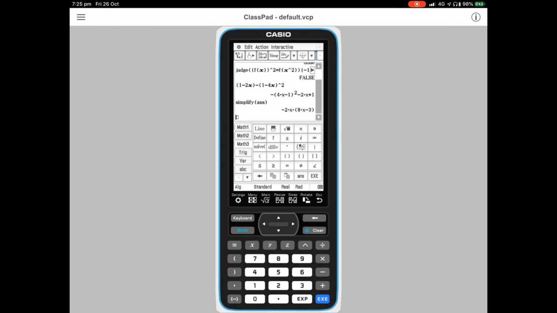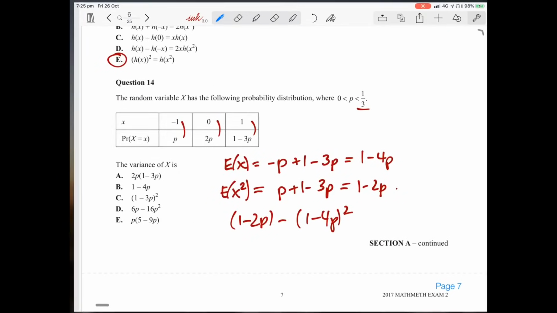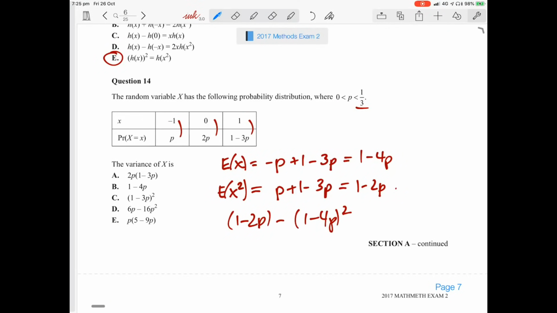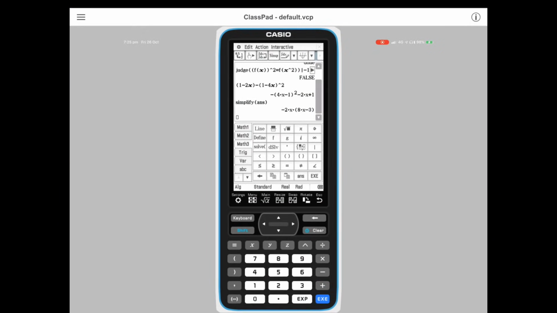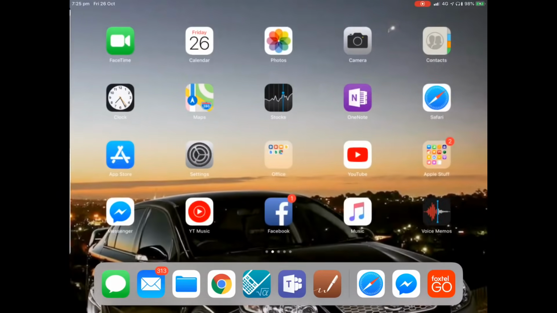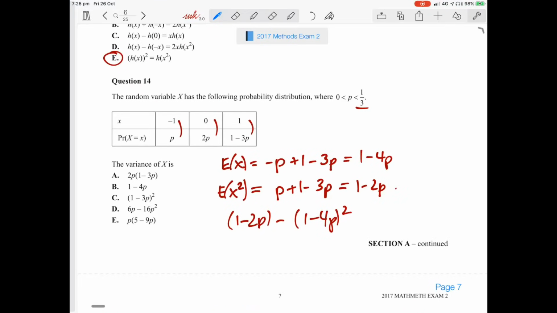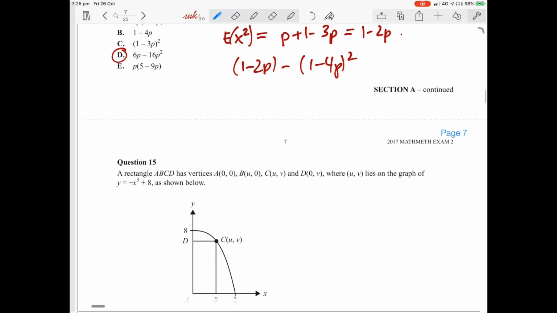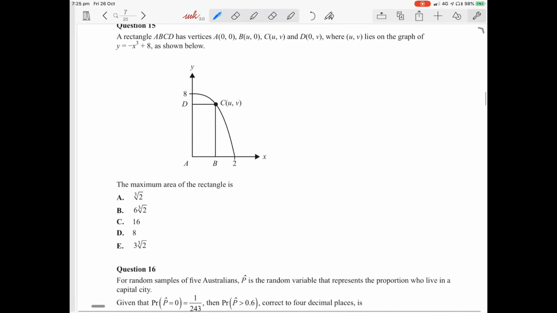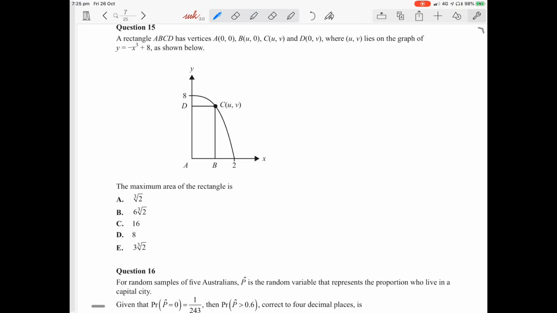Negative 16p squared plus 6p. So it's got to be D. What number was that? That was 14, so 15.